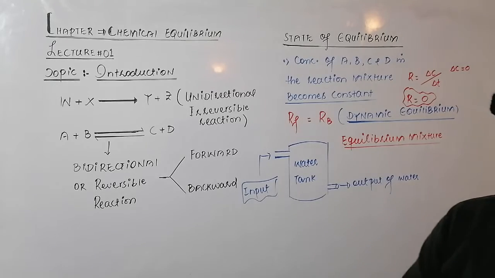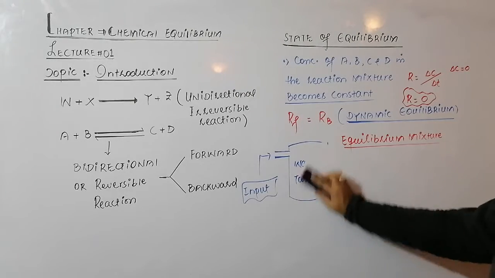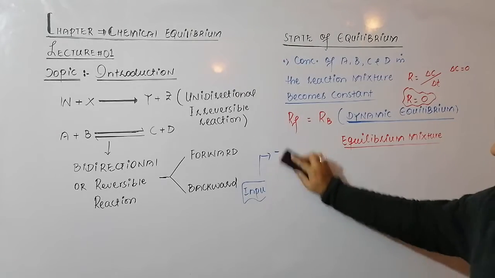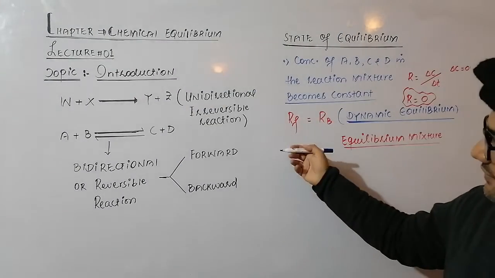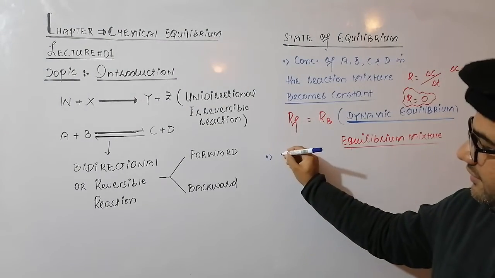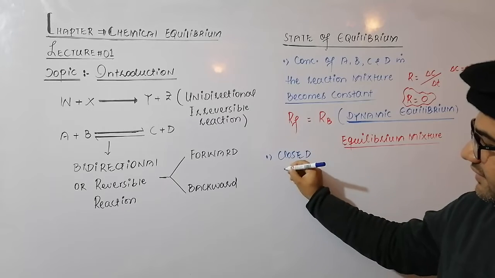Now, what are the characteristics of the dynamic equilibrium? Can we achieve the dynamic equilibrium in an open container? What's your opinion? So keep in mind that dynamic equilibrium can only be achieved in a closed container.